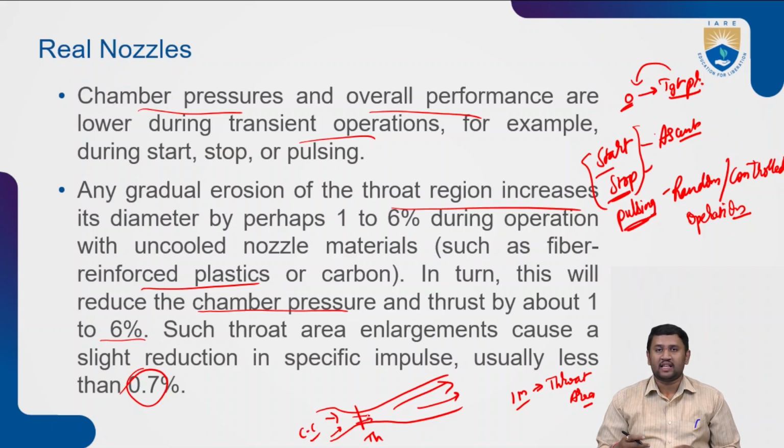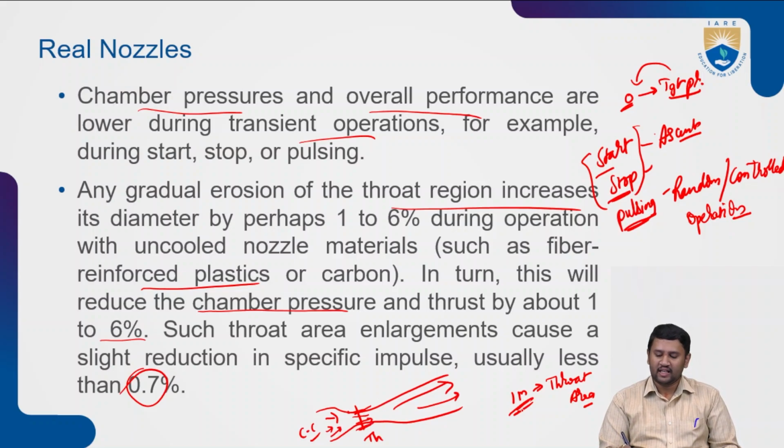Initially, at a new start of an engine, the throat area remains the same. After a periodic interval, what happens? As the combustion gases directly come towards your throat, if there is improper combustion or the properties of the exhaust gases are erosive or reducing in nature, they tend to erode the throat area.